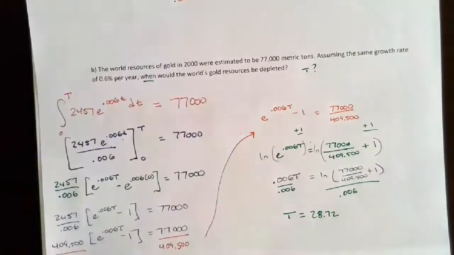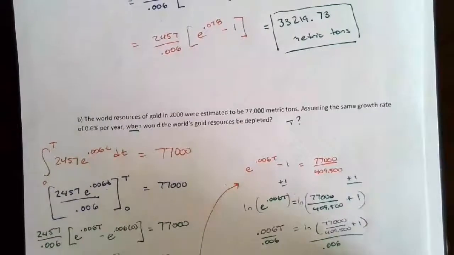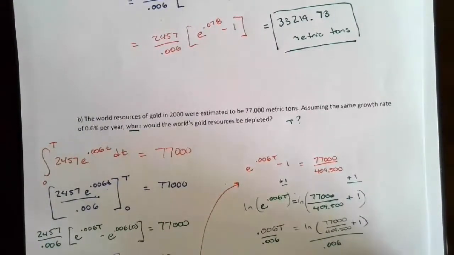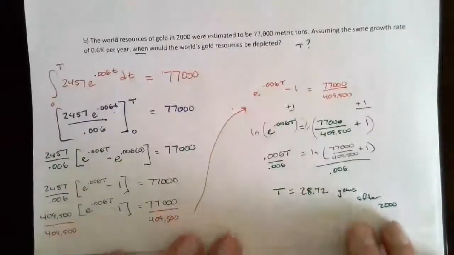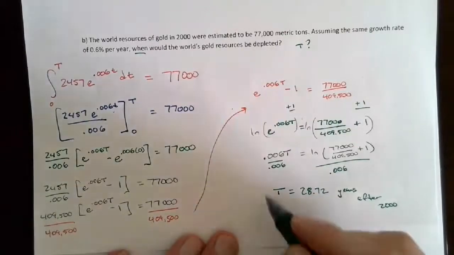Well, T was measured in years, right? Years since T equals 0, which is 2000. So T is equal to 28.72 years after the year 2000.